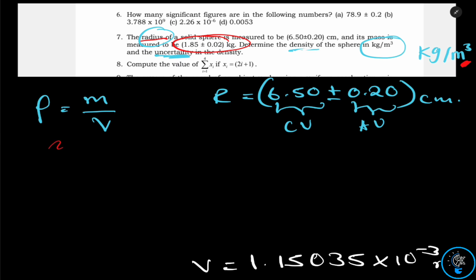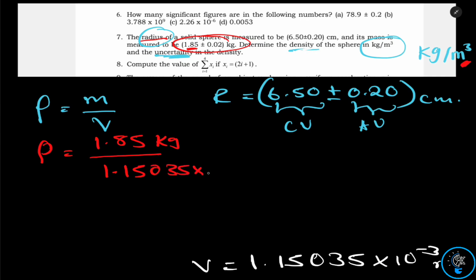Let's finish up this part. So we are saying density will be equal to the mass we are given, this amount. So we are going to get the central value, which is 1.85 kg divided by, at the bottom, we have 1.15035 times 10 to the power negative 3 meter cubed.